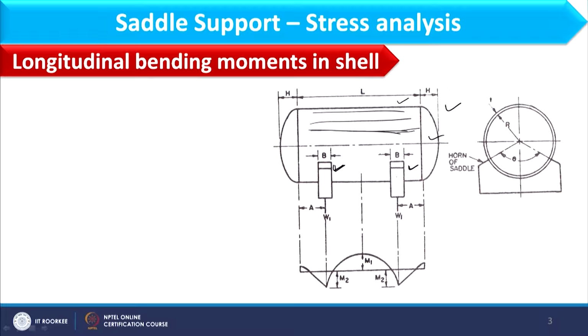Here we can see the total weight, and that total weight will be equally distributed to two saddles, or if I am using 3 saddles, it will be distributed equally to 3 saddles. For example, if I have 2 saddles and the total weight is transferred to these 2 saddles equally, I can make the moment diagram.